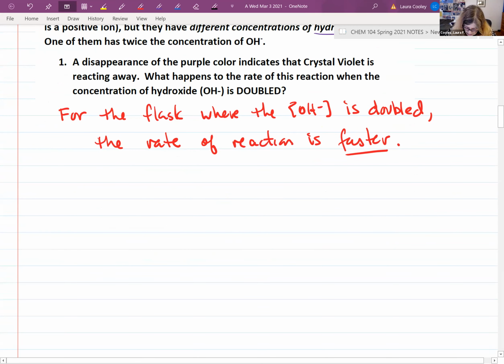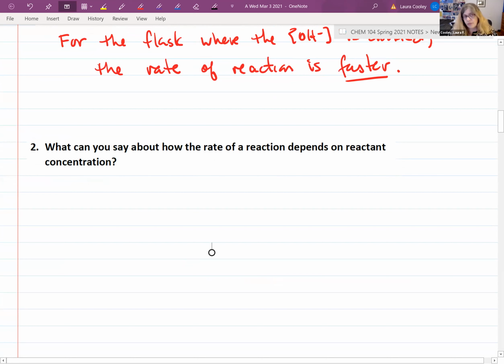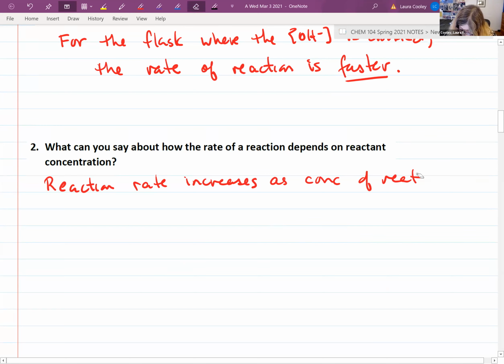So what can we say about how the rate of a reaction depends on reactant concentration? If we generalize that, we would say that reaction rate increases as the concentration of reactants increases.